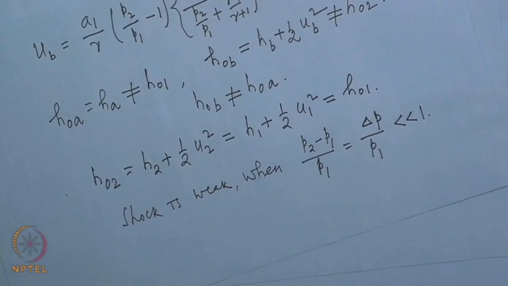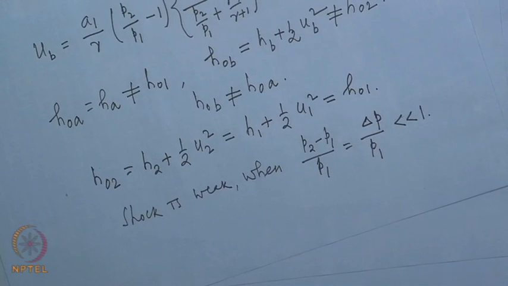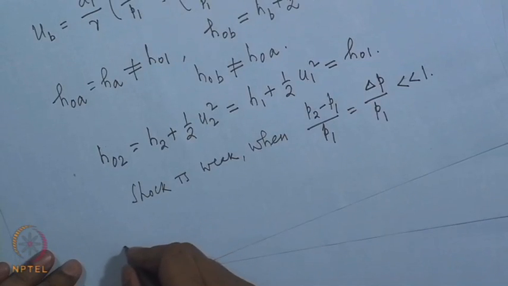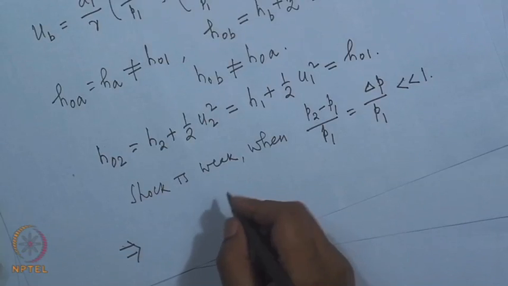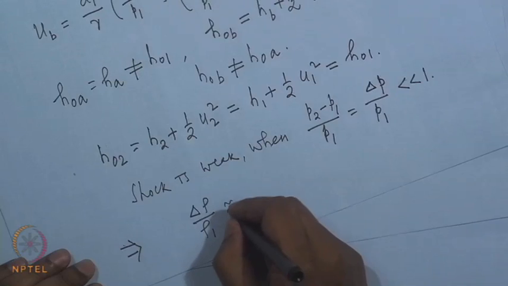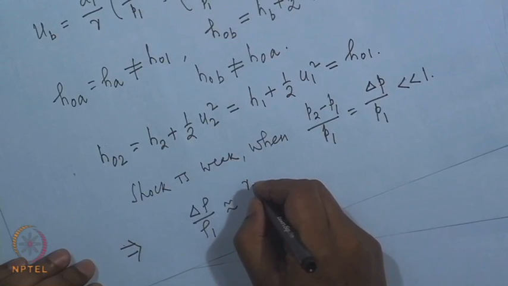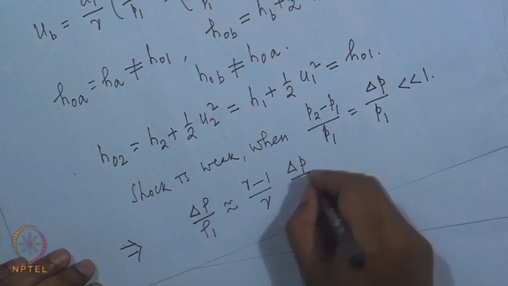The disturbances are also then very small, and they can be obtained by expanding this relationship in a series of delta p by p 1 and retaining only the first order terms, and this gives the density rise to be gamma minus 1 by gamma into delta p by p 1.